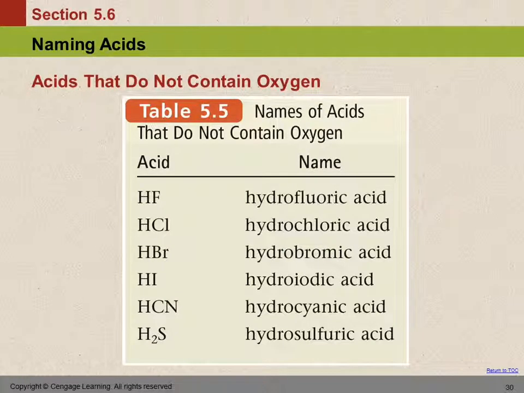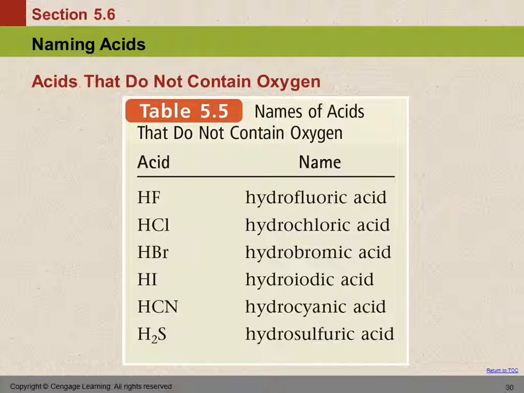So here's a table of those acids. Sometimes they're called binary acids, which works really well except for hydrocyanic acid. This is acids that do not contain oxygen. And that's almost like a Monty Python name or something.